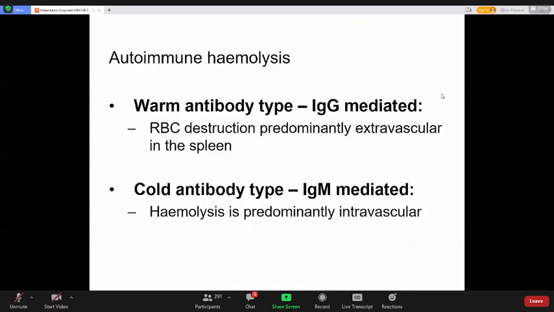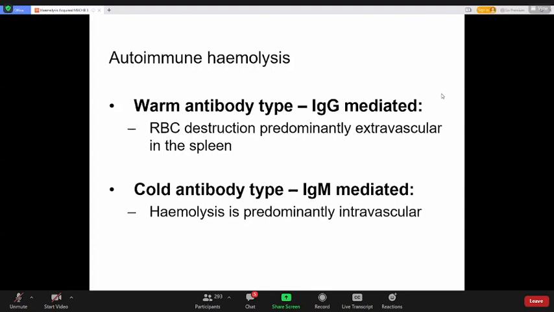All right. Now, if you look at hemolysis, and the nature of the antibodies, and this has already been discussed very explicitly in immunology, antibodies can be of warm type or cold type, all right? This classification of warm or cold is just based on the maximum or most convenient temperature that gives optimum antibody action.